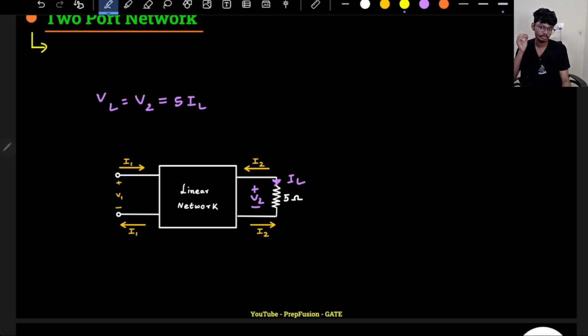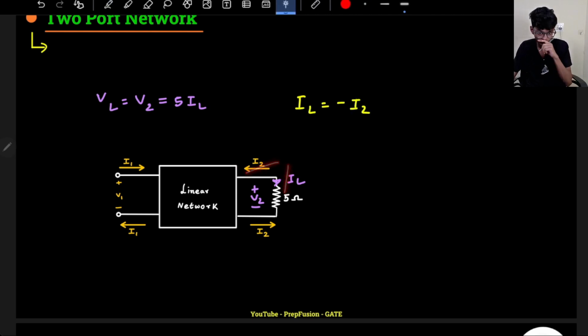Now the next thing: this is my load current, but what is V2 in terms of I2? I2 is in the opposite direction of IL. So IL equals minus I2, because I2 and IL are in opposite directions.